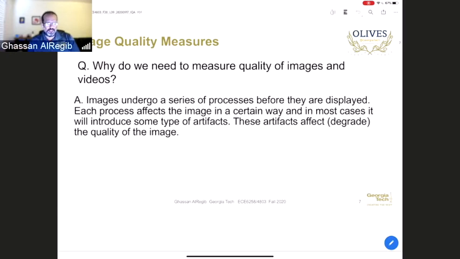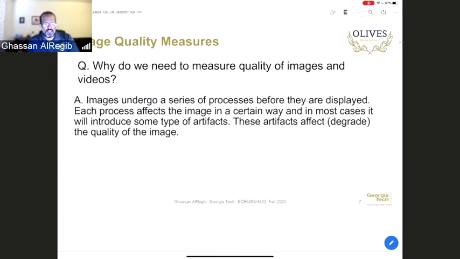Once you compress it, either for storage or for transmission or for posting online, then you are reducing the number of bits to represent that image or those pixels, and if it's a lossy compression, we'll talk about those in more detail later when we talk about coding, that means you lost some information, you lost some part of the image content, and that means there is a degradation in the quality.